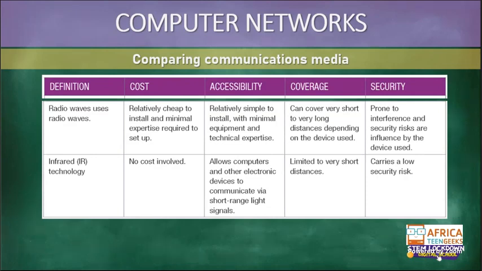Right, then infrared. You use this one quite a lot, your remote controls at home, and there is no cost involved, and it allows computers and other electronic devices to communicate via short range light signals.